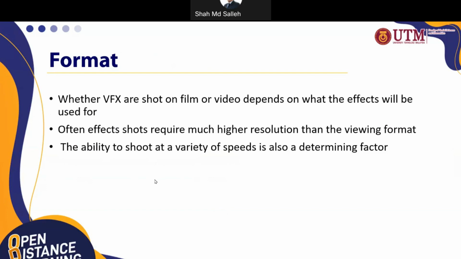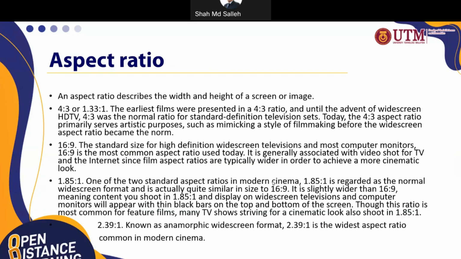The ability to shoot at a variety of speeds is also a determining factor. For example, in The Matrix they use a lot of cameras to show the movement of the bullet.